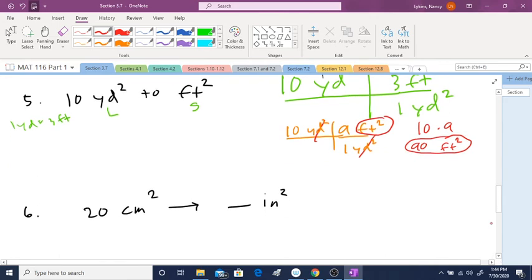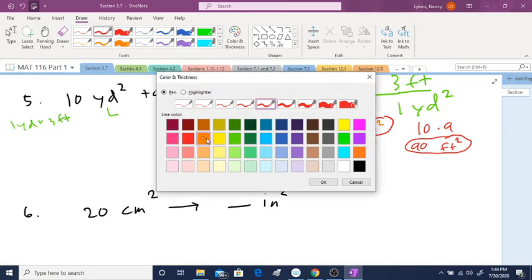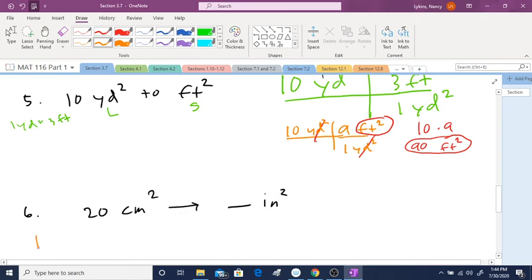And what about if you have centimeters squared and inches squared? Well, I know from my conversions that 1 inch is 2.54 centimeters. So I know right off the bat the inch is large, the centimeters will be the smaller.